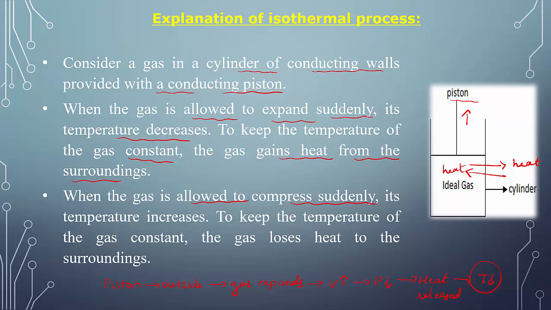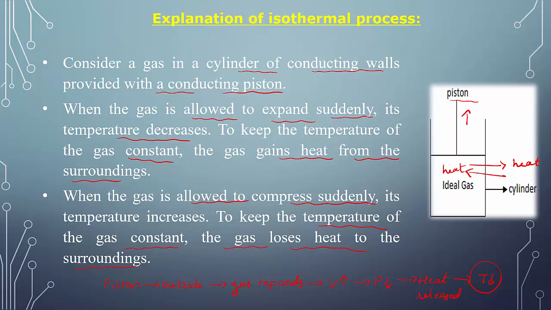Temperature increases, but to keep the temperature as constant, what is it doing here? The system or the gas loses heat to the surrounding. A certain amount of heat energy is liberated to the surrounding, so that again temperature remains constant. So this is isothermal process.